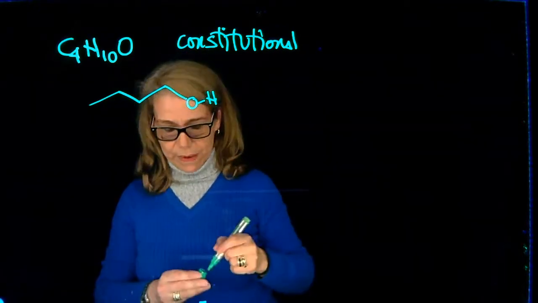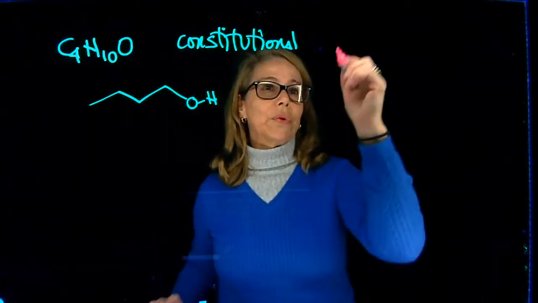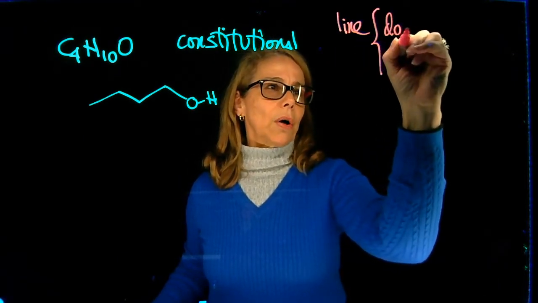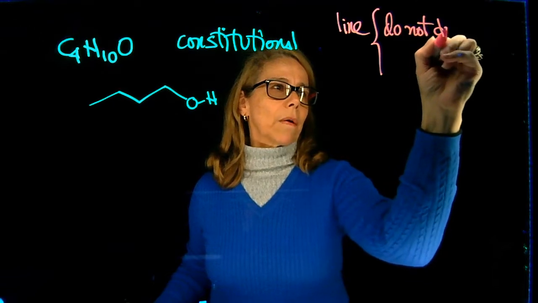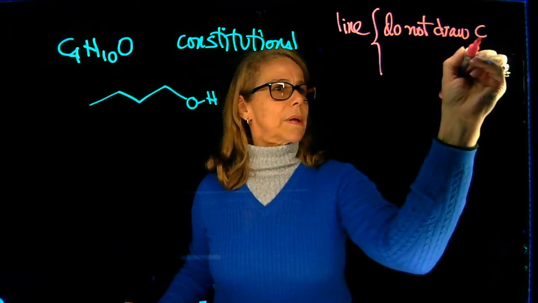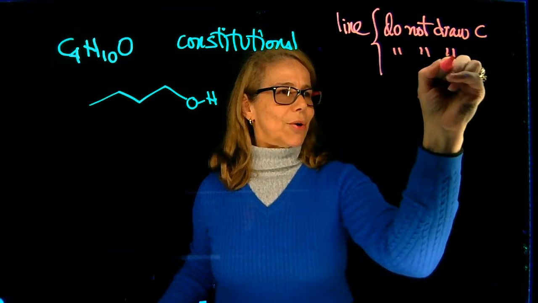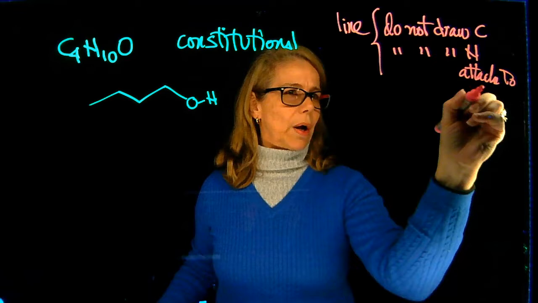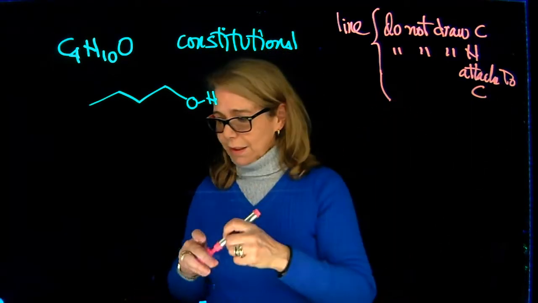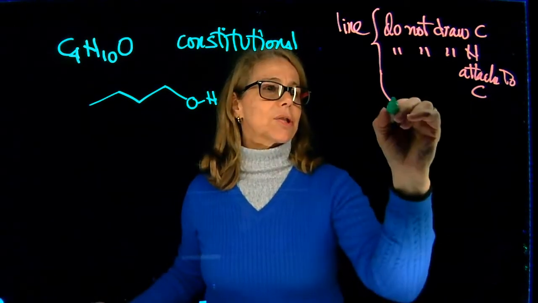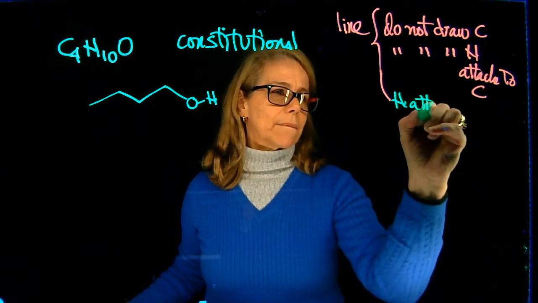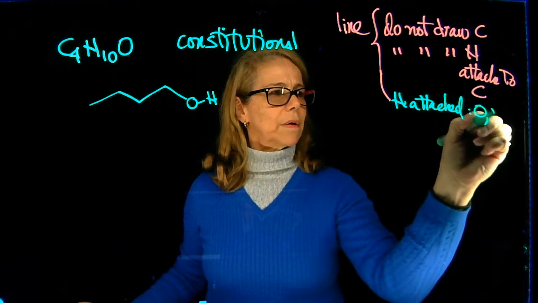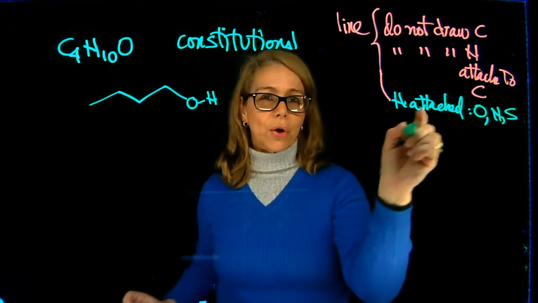Remember that key here: when we do line structures, we do not draw carbons and we do not draw hydrogens attached to carbon. But all the other hydrogens attached to other atoms such as oxygen, nitrogen, sulfur, those you need to draw.